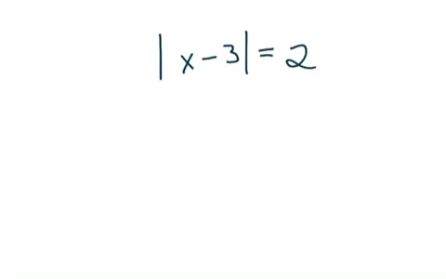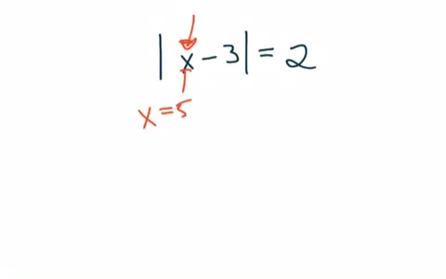So instead, if we try to figure this out by guess and check, guessing numbers for x that would make this true, then we can guess that x is 5, because if you plug 5 in, 5 minus 3 is 2, so that makes it true.